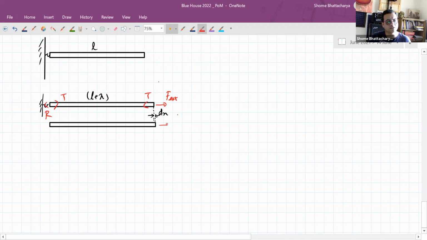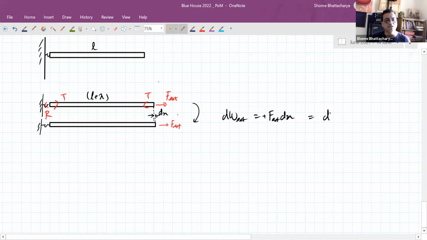So during that small displacement of dx, from here to here, the work done by the external agent is equal to F external into dx with a positive sign, you can see.